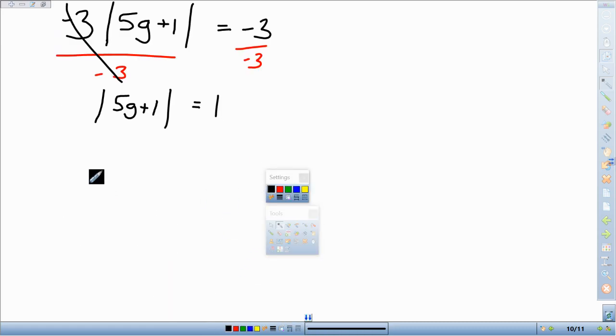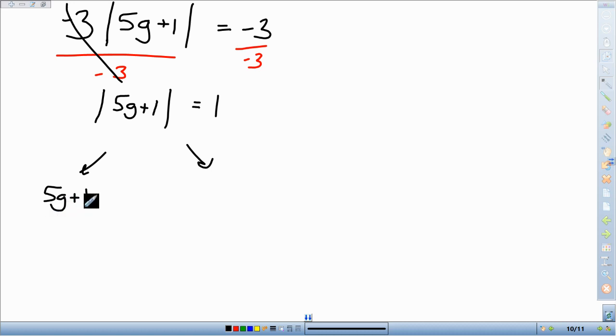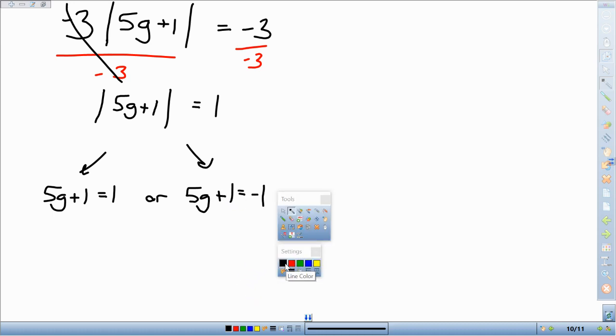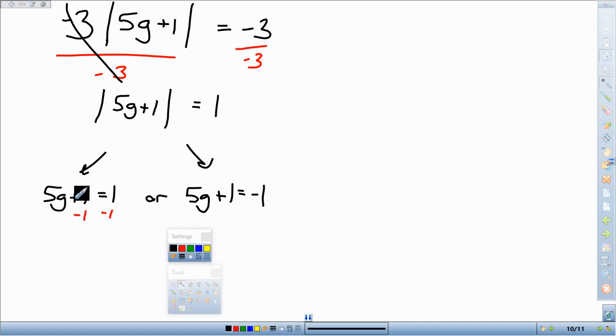All right, now I can break into my two equations. 5g plus 1 equals positive 1. 5g plus 1 equals negative 1, right? Okay, and then solving these, let's see what happens. Subtracting 1 from both sides, looks like I have 5g equals 0.